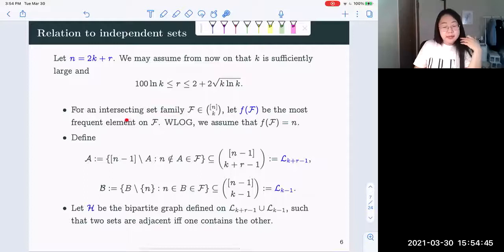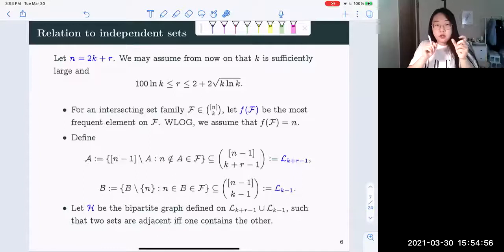Now let's take an arbitrary intersecting k-uniform family, and let f be the most frequent element of it. That is the integer which appears in the most number of sets in this family. Without loss of generality, we can assume this most frequent element is the largest integer, n, since it's symmetric anyway.